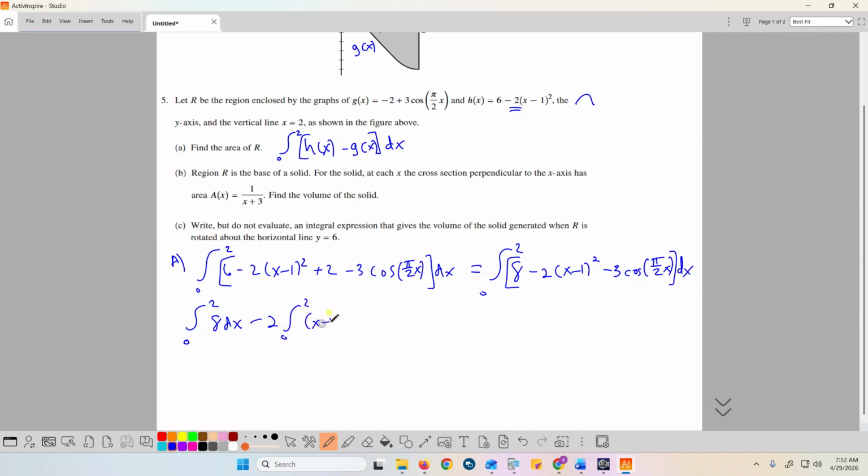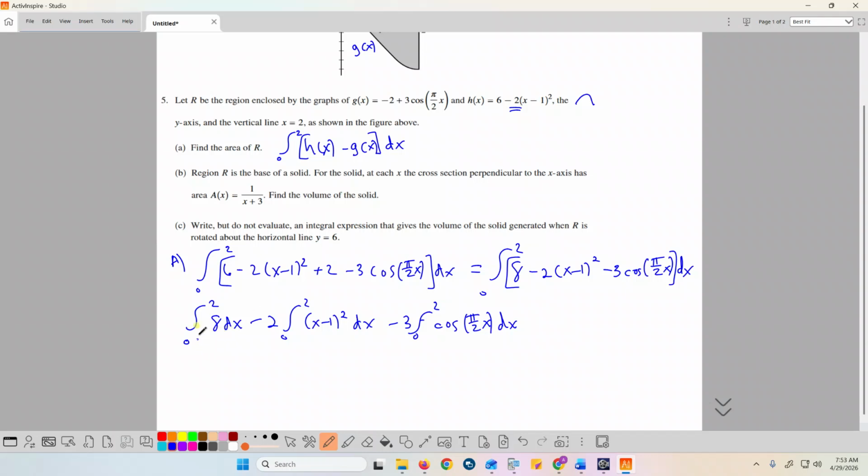All I have left here is that x minus 1 squared, again, dx. And then I have this -3. I'm going to take out that -3 and then take our integral again from 0 to 2. And then I have just that cosine of pi over 2x dx, right? So what I did here is I split it into a couple different integrals. And now I'll integrate these separately.